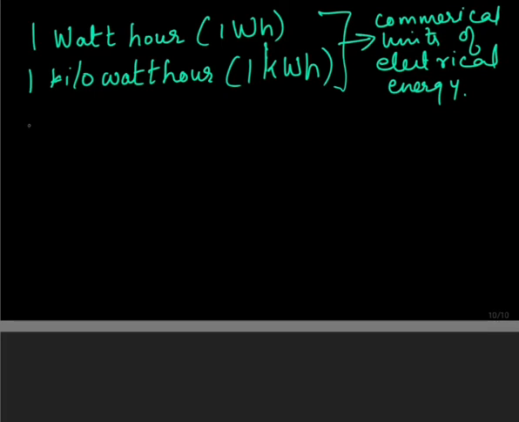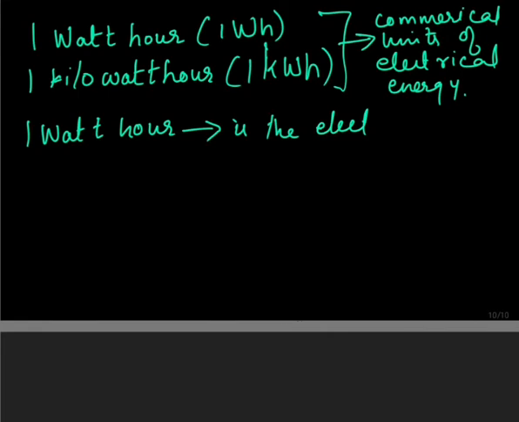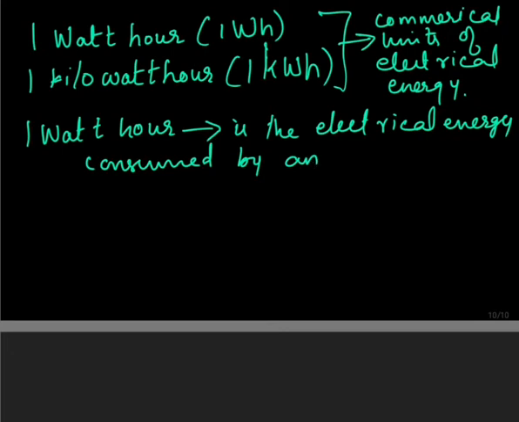Now we will see what is 1 watt hour. One watt hour can be defined as the electrical energy consumed by an appliance, that is an electrical appliance, of power 1 watt.